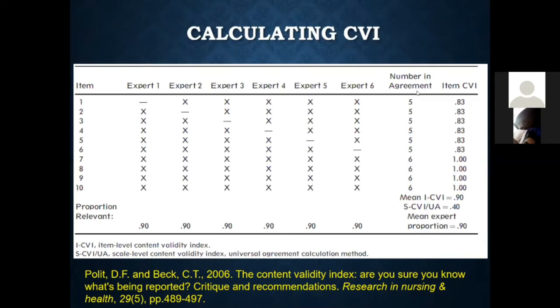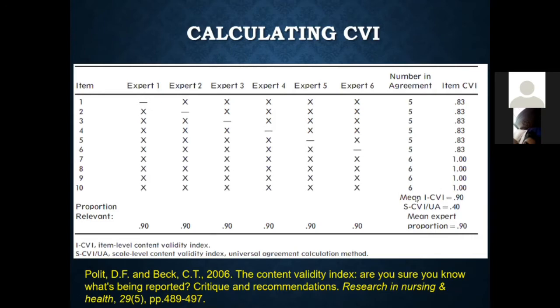So how to calculate the item CVI? 5/6. That's it. So you have 0.83. This one is 5/6 as well, 0.83, until this one. Items 7, 8, 9, and 10 have perfect agreement, a CVI of 1.00.